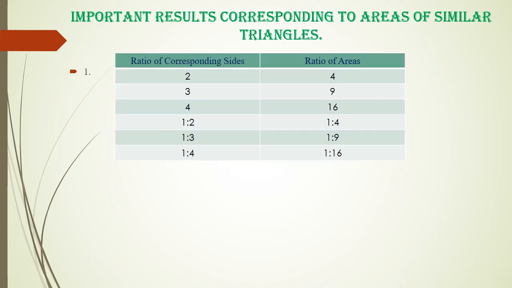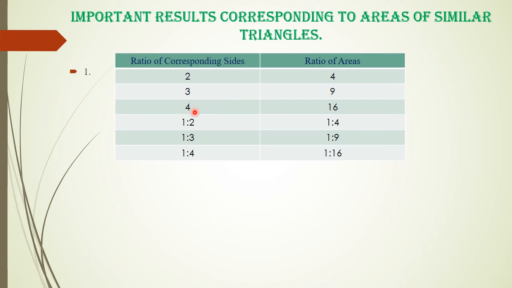Let us see. First one, suppose in your exam the ratio of corresponding sides of any two triangles is given and you are asked to calculate the ratio of areas. It is going to be just equal to the square of whatever ratio of sides is given. Suppose the ratio of corresponding sides is 2, then the ratio of their areas is going to be 4. If the ratio of corresponding sides is 3, then the ratio of areas will be 9.